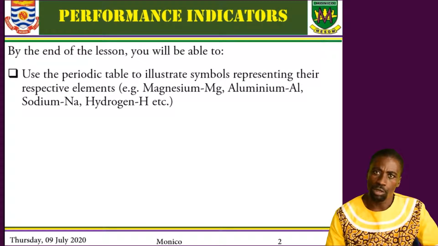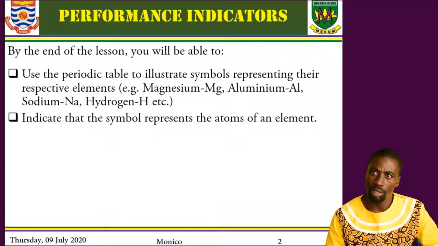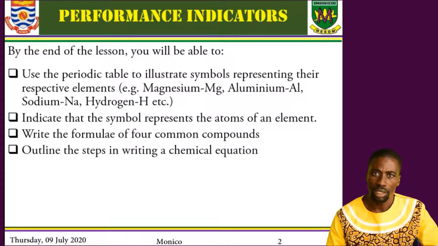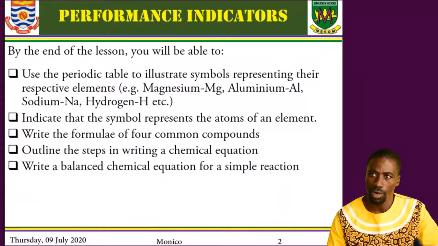You should also be able to indicate that the symbols represent the atoms of an element, write the formula of common compounds, outline the steps involved in writing a chemical equation, and write a balanced chemical equation for a simple reaction.